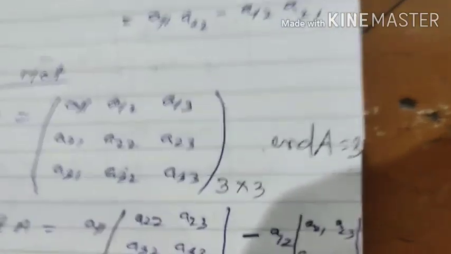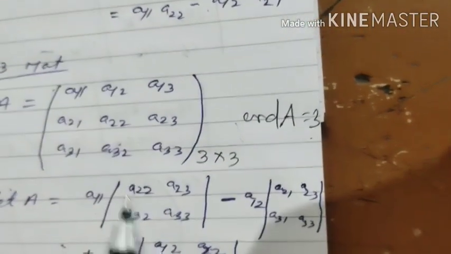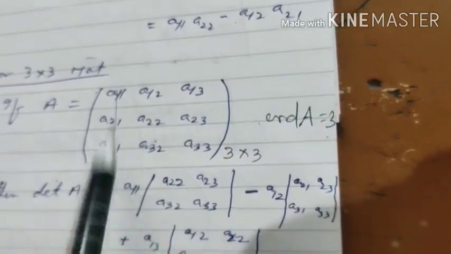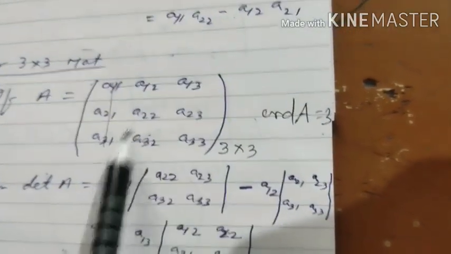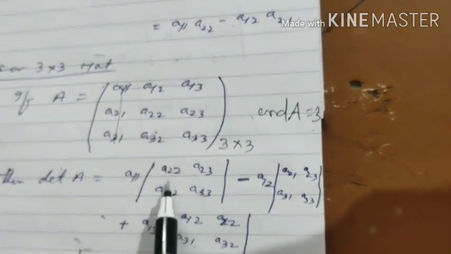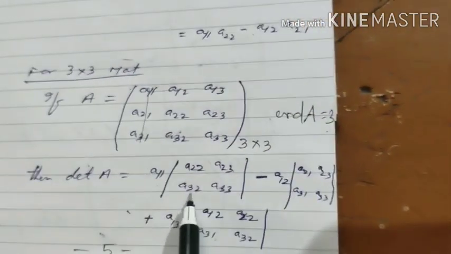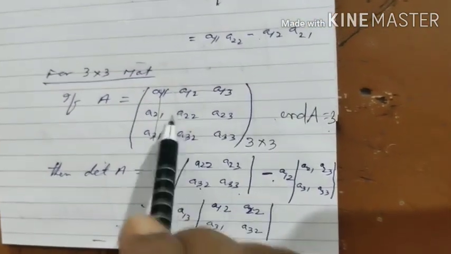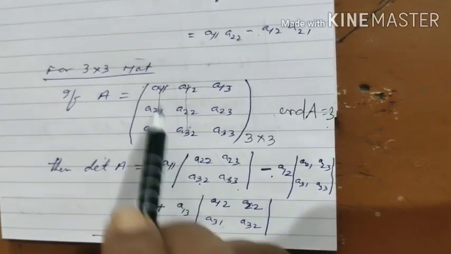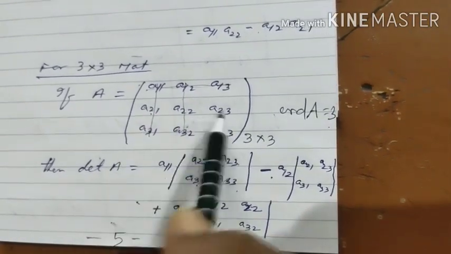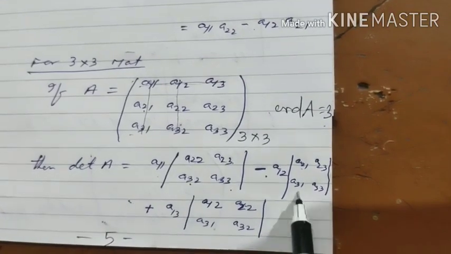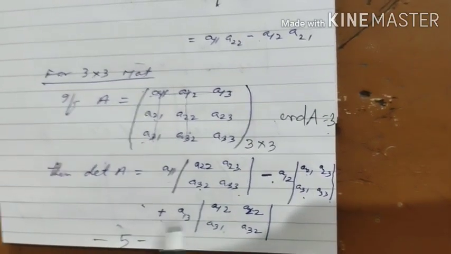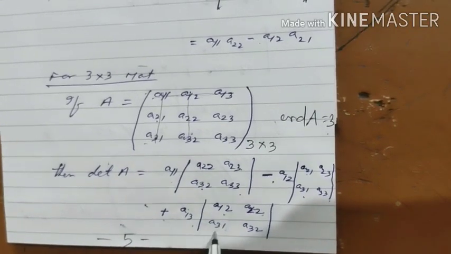So determinant A: first A11, and then you eliminate its row and column, and the remaining elements A22, A23, A32, A33, minus, in exactly the similar way, A12 with elements A21, A23, A31, A33. Next is plus A13 with A21, A22, A31, A32.